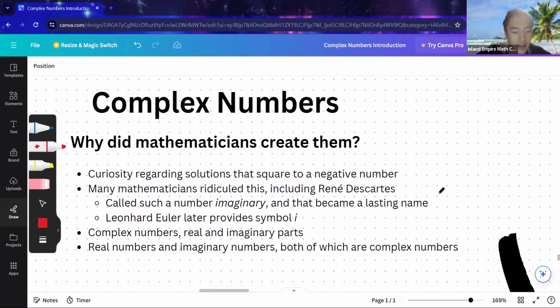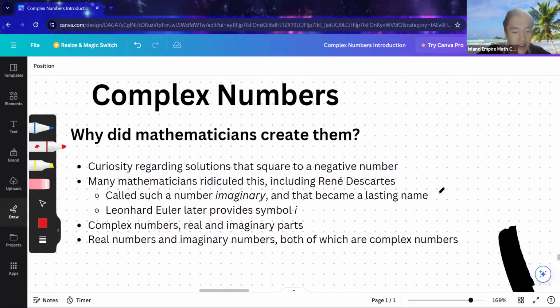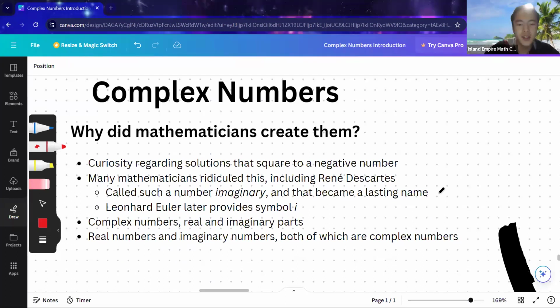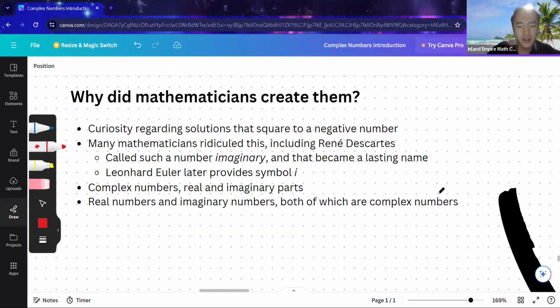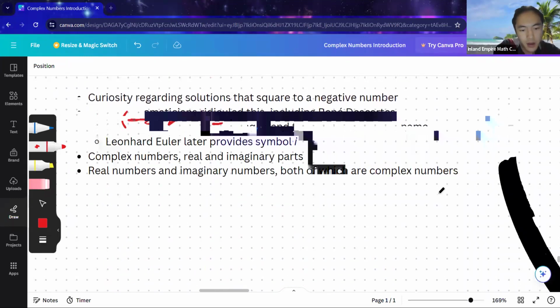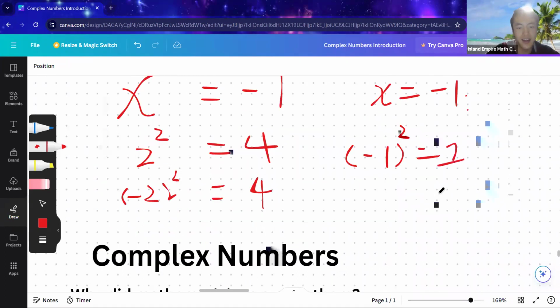Another really famous mathematician, Leonhard Euler, provided the symbol i, and so you have the definition that i squared equals -1. This answers the question above.